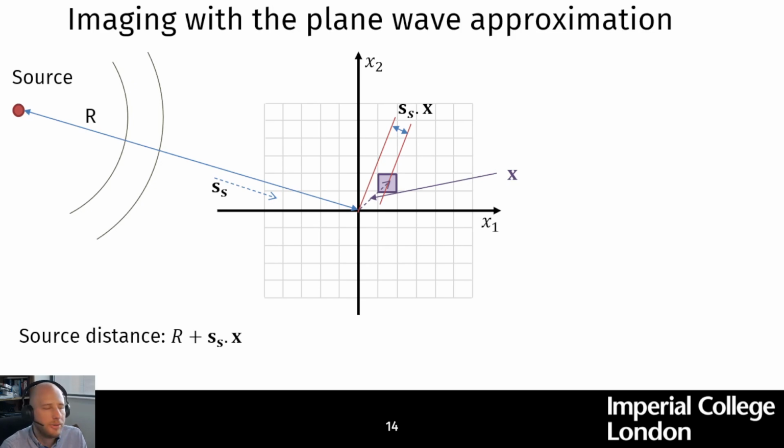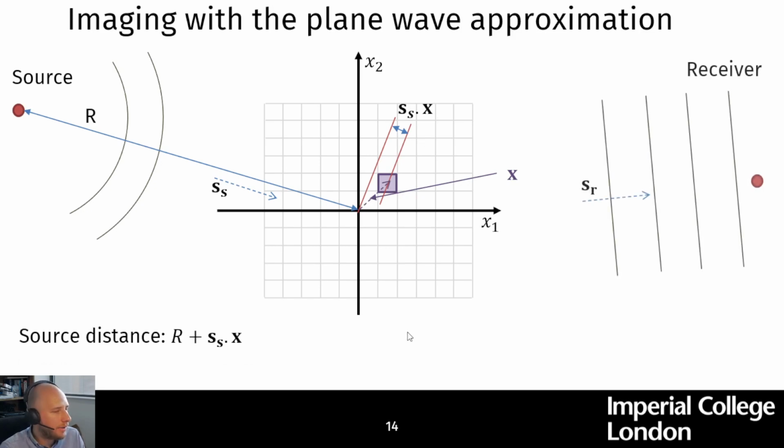That's actually going to be constant for all the points in our array, assuming it's a nice circular array centered on the origin. But then you've got this vector x for the position of the pixel. You've got s_s being the direction of the source, and you can just do a dot product of the two, add that onto r to approximate our total distance. And this works because of the plane wave.